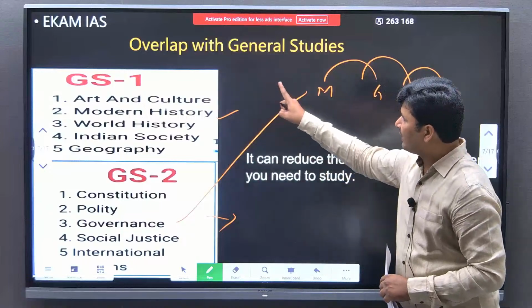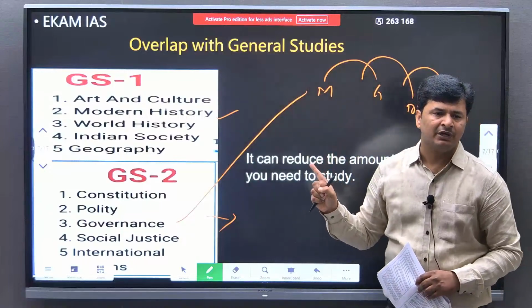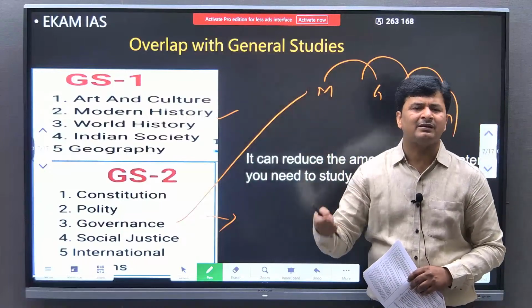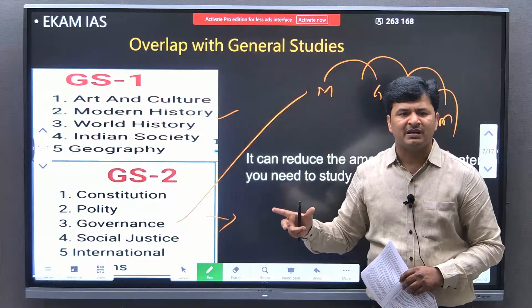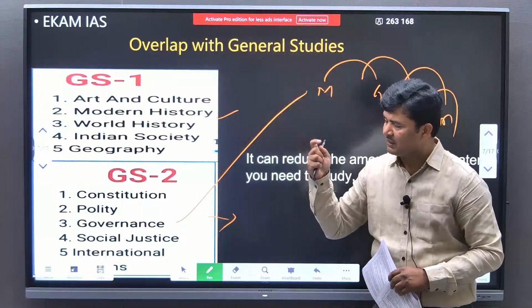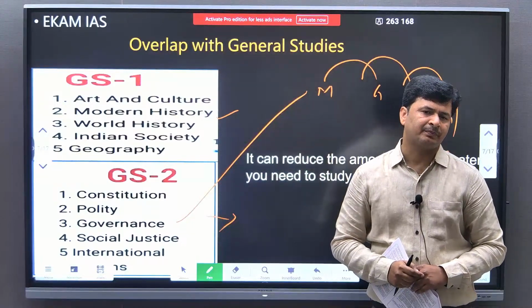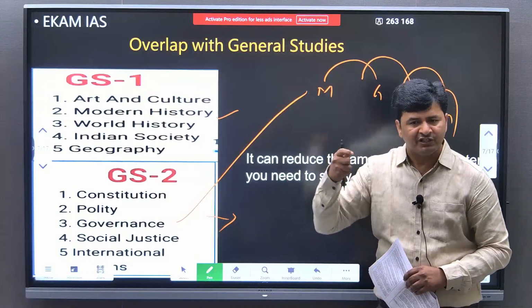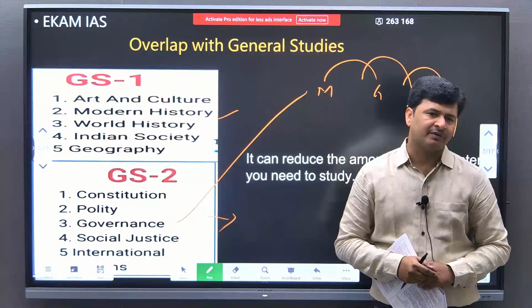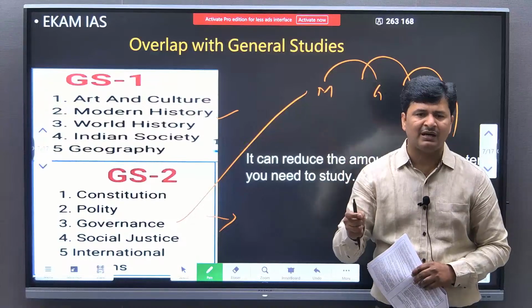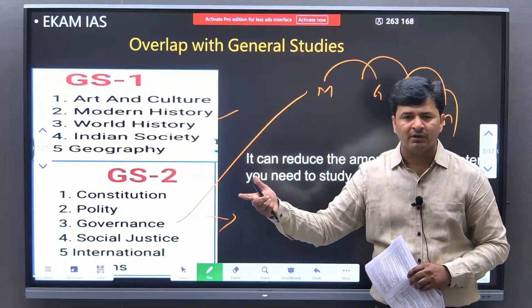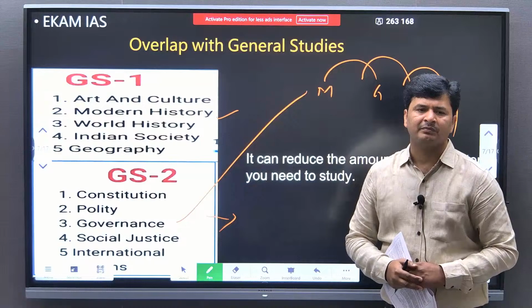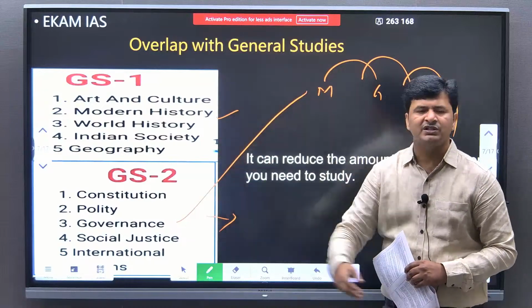So there is overlap with general studies. You need not read separately for general studies because you have already learned these topics as part of optional history. When you can swim the ocean, you can easily swim a river, the so-called rivers being the GS papers.